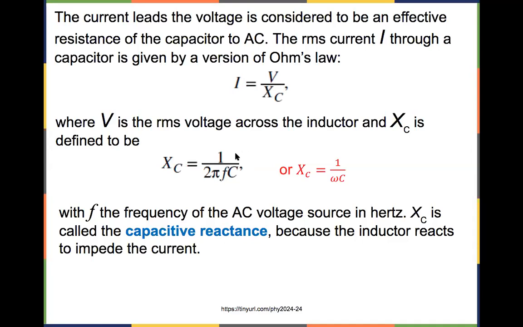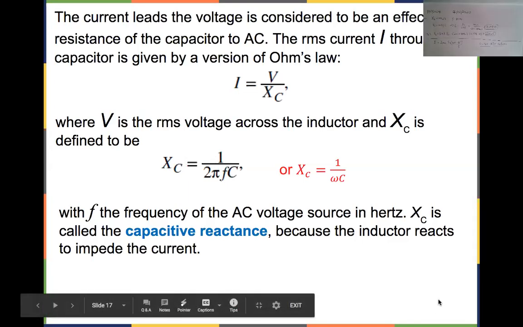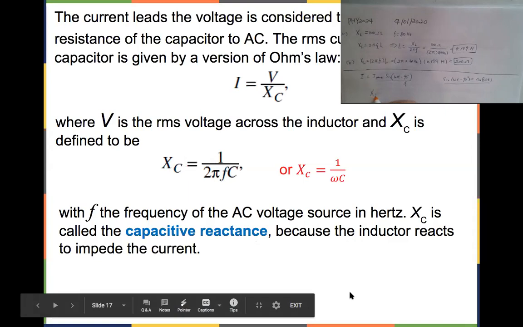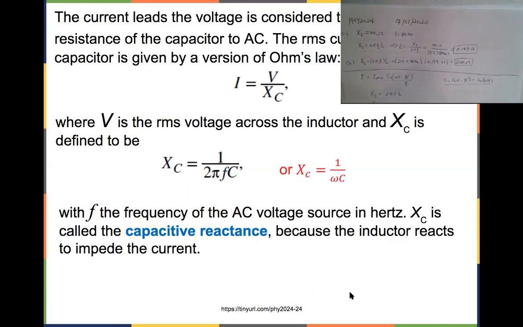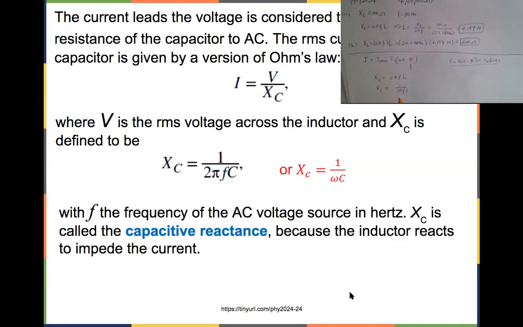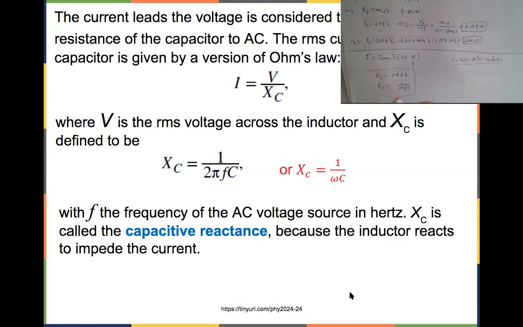Now in this case, the reactance is different. It's 1 over 2 pi F C, all right? In the previous case, for the inductor, XL is 2 pi F times L, okay? For XC it's 1 over 2 pi F times C. So notice the differences here.